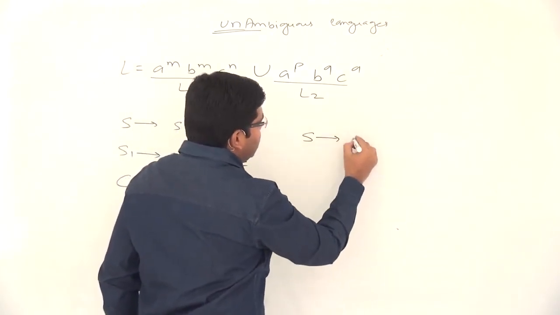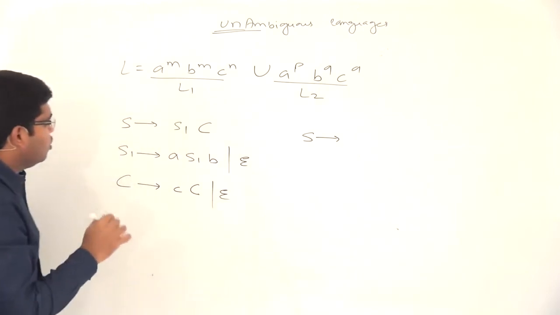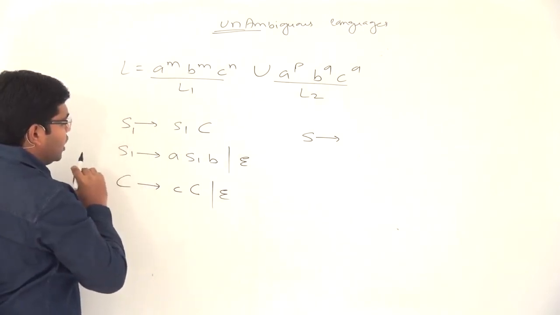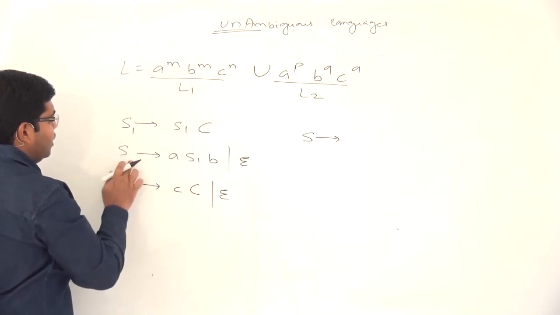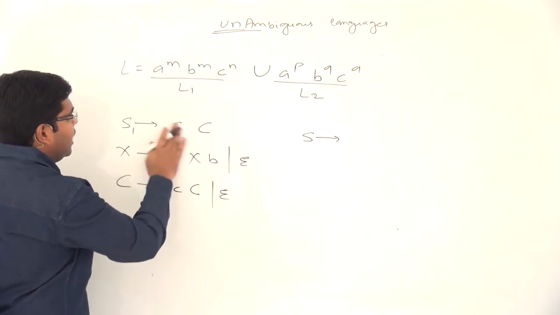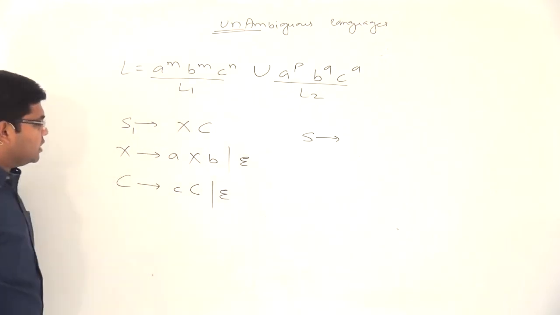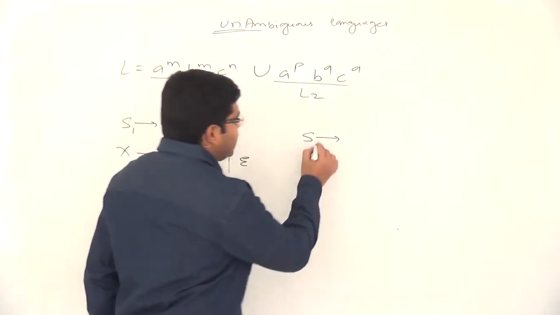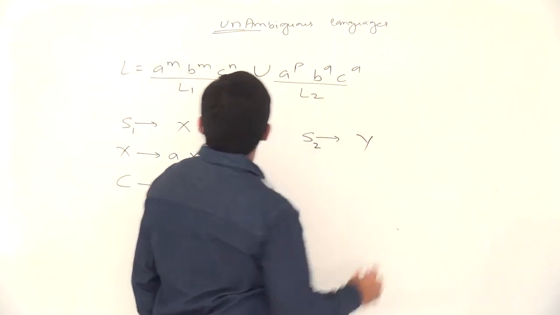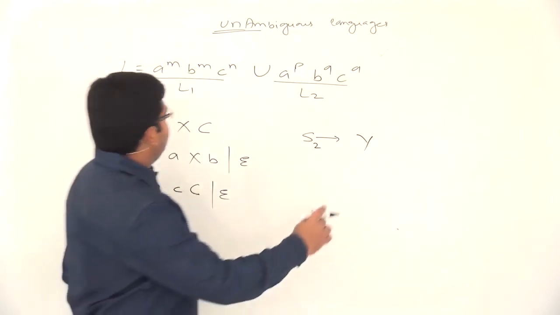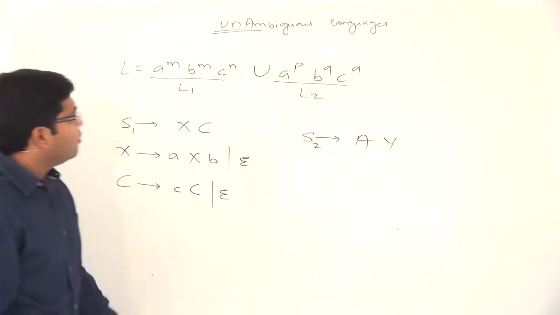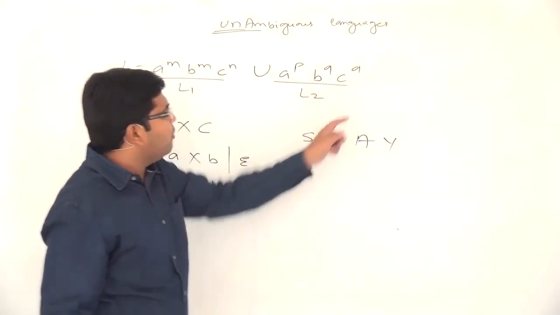Similarly, you can have a grammar for L2. We will call the start symbol S1, and here we will use X, and the start symbol S2 produces Y, A, Y, because we want any number of A's and an equal number of B's and C's.